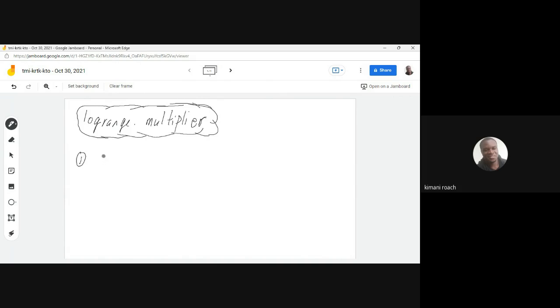So let us say that you want to produce a box. So here you want to produce a box, and we're going to be even a little more specific. We're going to say a rectangular box.